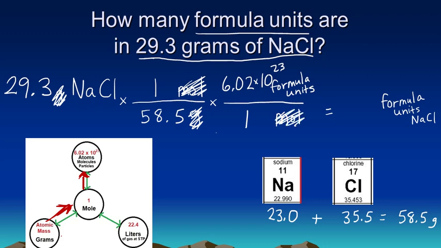And if we look at the problem here, it looks like we're going to divide by 58.5 and then multiply by Avogadro's number. So on our calculator, we take 29.3, divide by 58.5, and then multiply by 6.02 times 10 to the 23rd. And the answer that I'm getting is about 3.02 times 10 to the 23rd.